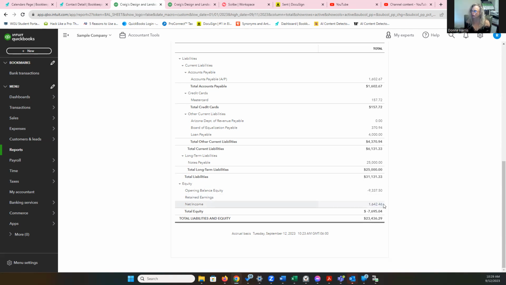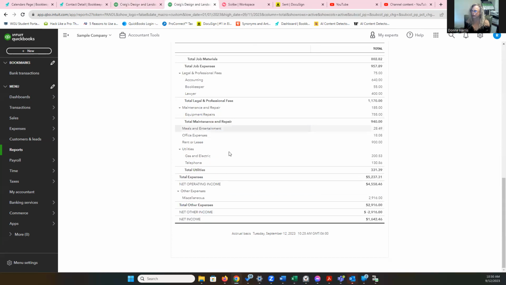Alternatively, the business owner might see that $1,642, and decide they want to reinvest it and end up with zero net income, or they may choose to leave it in the company. There's a lot we can do with net income, but it should be the same number on the balance sheet here in the equity section as it is here in the profit and loss bottom line for the same dates.